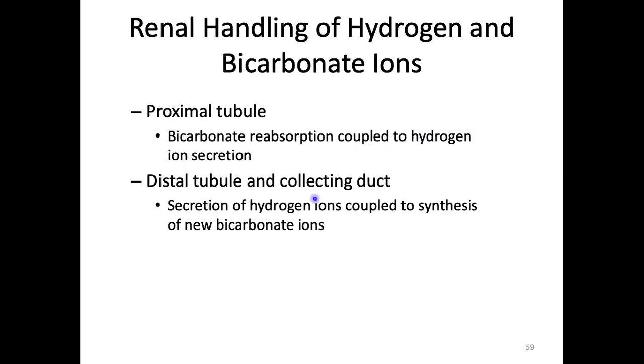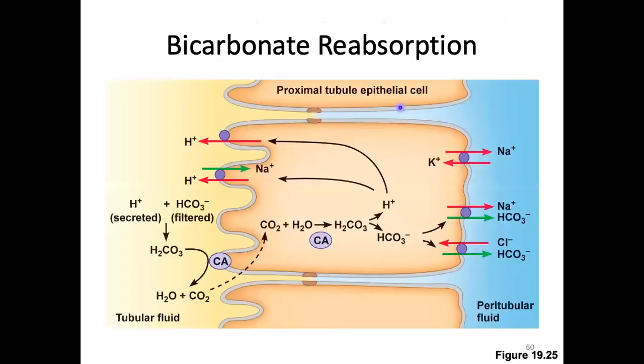Your distal tubule and collecting duct is where you actually secrete hydrogen ions, and you synthesize new bicarbonate ions. So your collecting duct is where you make bicarbonate ions. You synthesize them and pull them into the bloodstream. And so the kidney does regulate pH as well. You don't have to know it, but just so you can appreciate it, right?